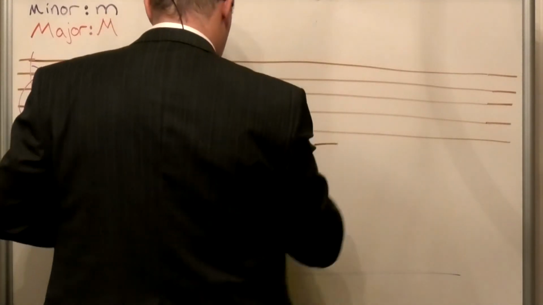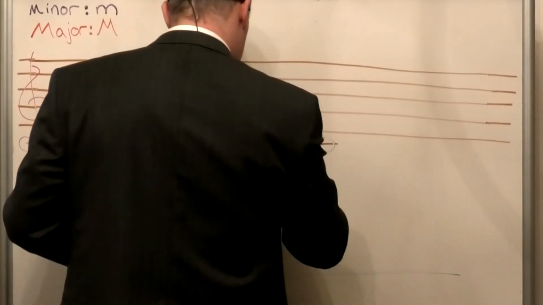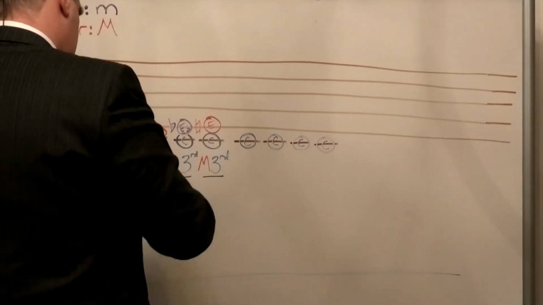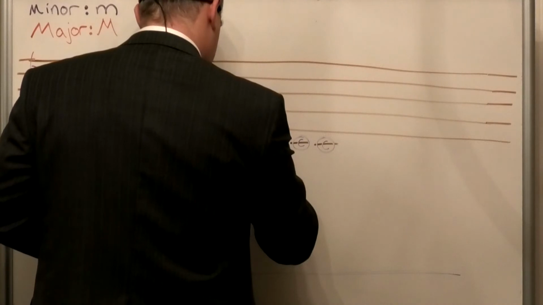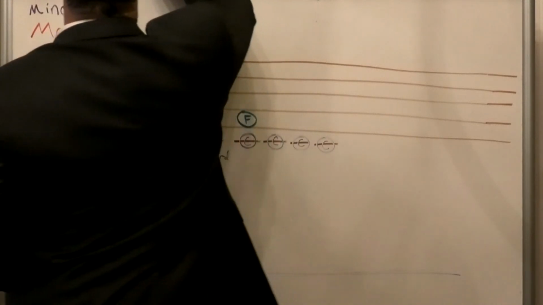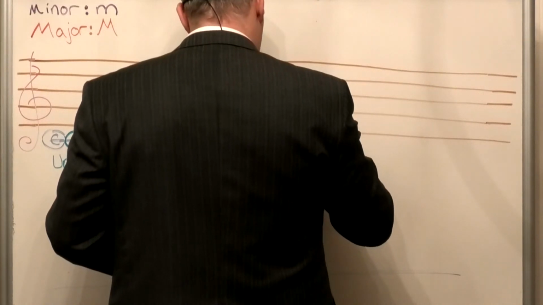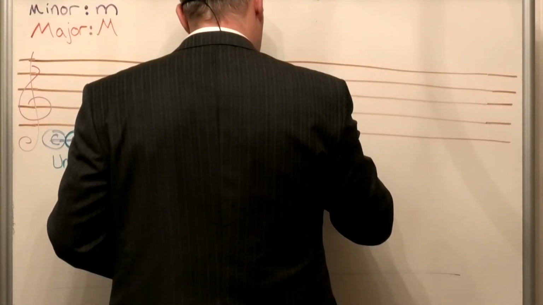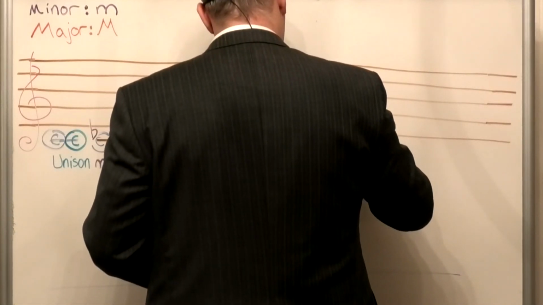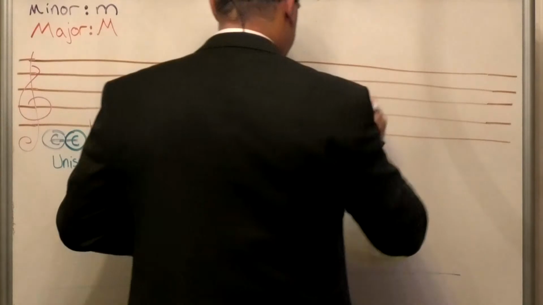I'm just going to show you what they are. So we have C to an F. We have C to an F sharp. We're just going up by half steps. We're going to the next half step each time. A C to a G flat. And then we have C to a G.